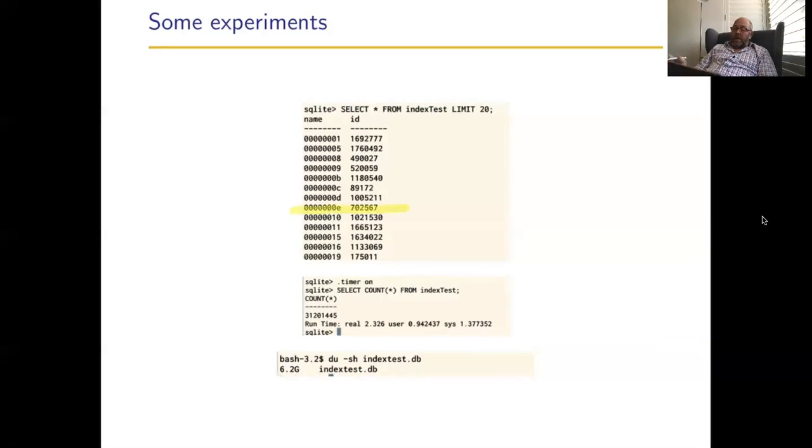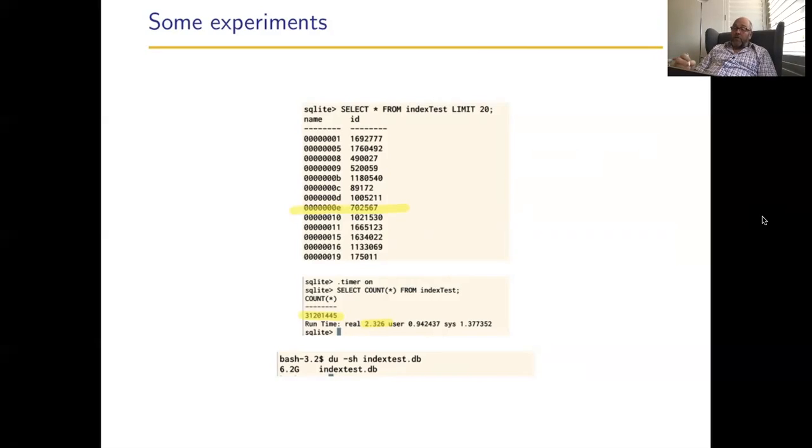So how many rows have I put in this table? I put 31 million in there. It took 2.326 seconds even to just count the number of rows in the table.